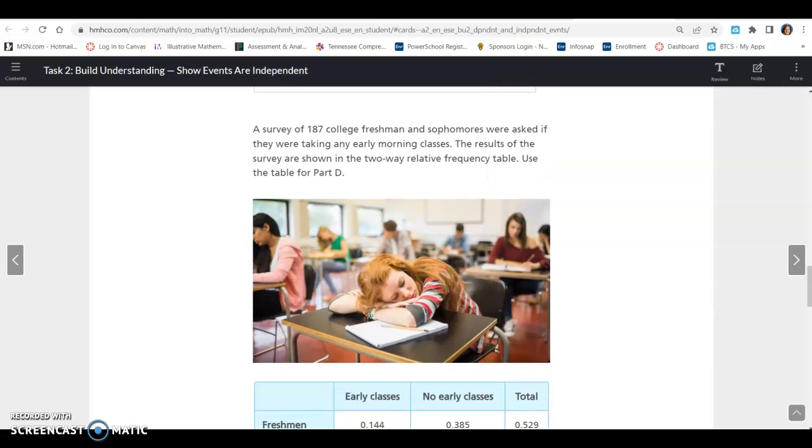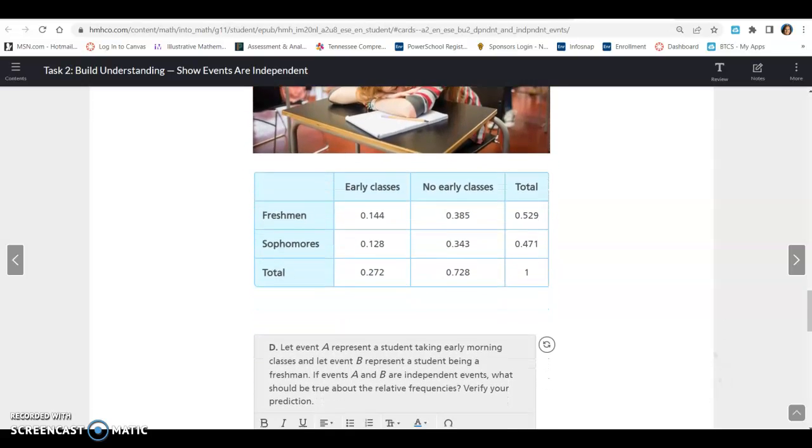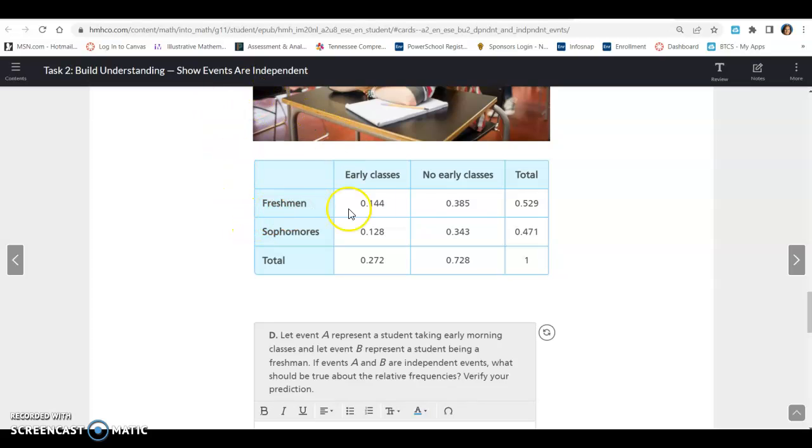All right, so a survey of 187 college freshmen and sophomores were asked if they were taking any early morning classes. The results of the survey are shown in the two-way frequency table. Use the table for part D. You can see the number of freshmen, 0.529, sophomores, 0.471, early classes, only 0.272, no early classes, the majority of the students, 0.728, but each of these will equal 1.